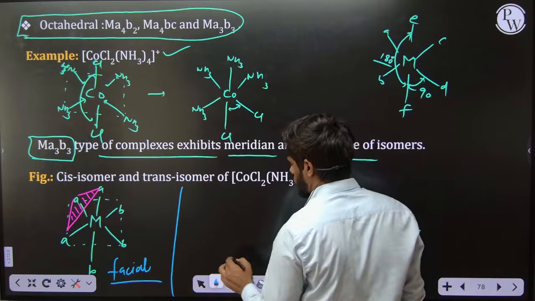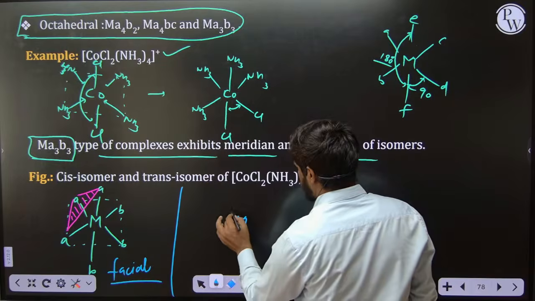Next it can show another isomer, that is meridional.